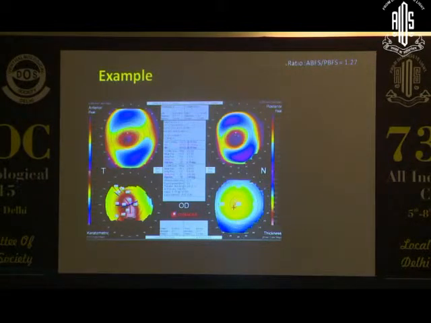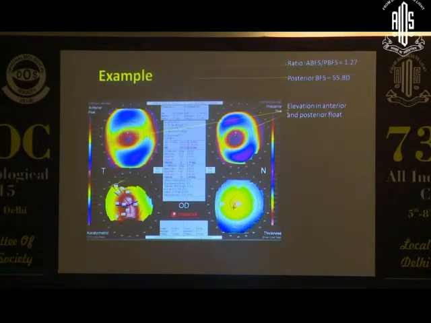That ratio should be more than 1.21, so that is 1 point. The second point, as I told you, is the posterior BFS, which is more than 55 diopters. You can see it here.